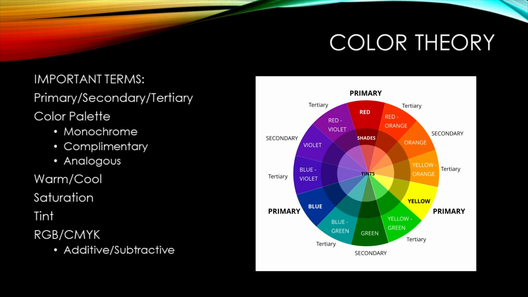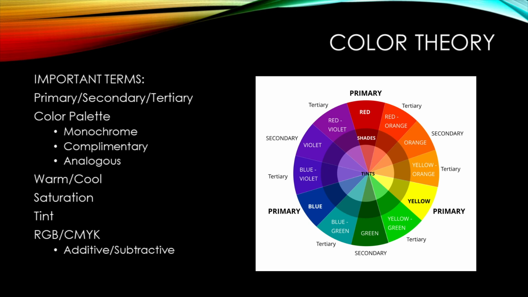If you look at a color wheel, this should make sense to you. Red, yellow, blue, primary colors, and then purple and orange and green are all secondary colors. Mixes of the primary colors will get you secondary colors, and then there are tertiary colors like red orange or yellow green.